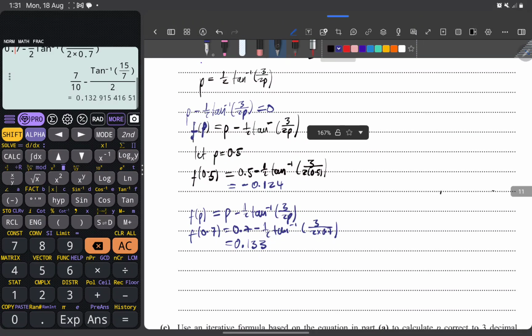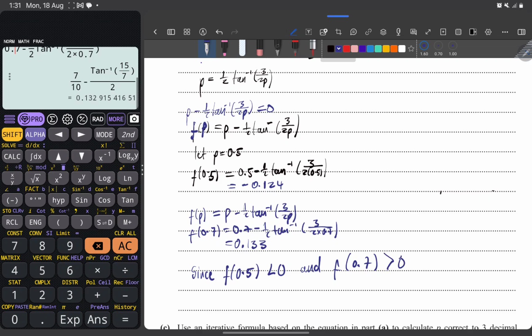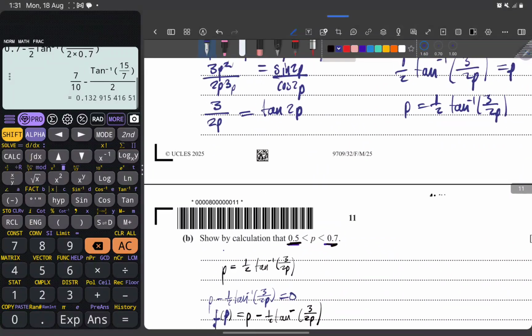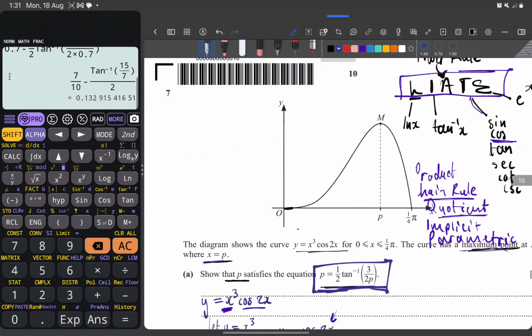All right, now you're going to say, since f of 0.5 is less than 0 and f of 0.7 is greater than 0, then you can say p is between 0.5 and 0.7 because there is a sign change. So it is always in between a sign change because it is a maximum. You can see on the left there is an increase, on the right there is a decrease.